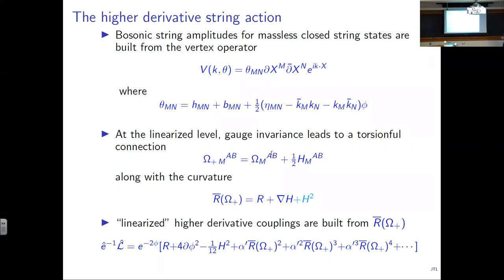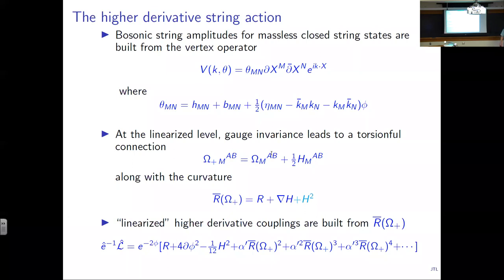You have the rank 2 massless vertex operator over here, which is more or less a left moving part and the right moving part over here. This is written down for a bosonic string, but there are similar features in the superstring. And the rank 2 polarization has a symmetric part, the antisymmetric part, and a trace part over here.